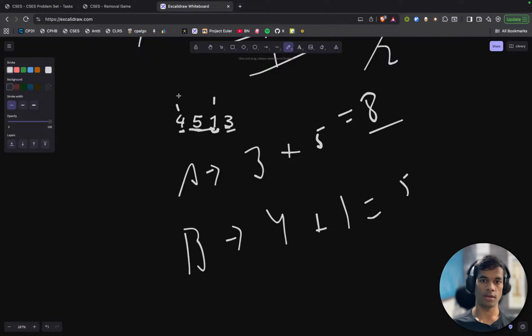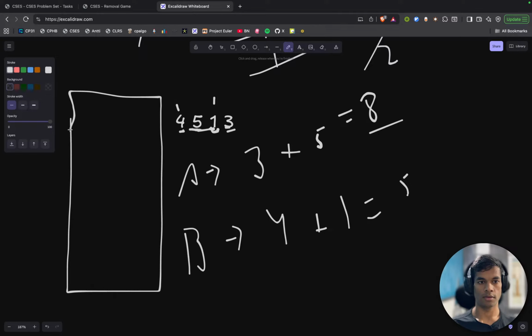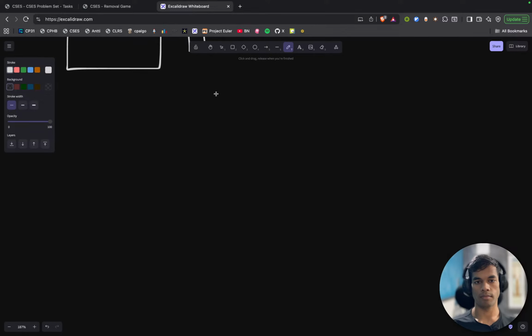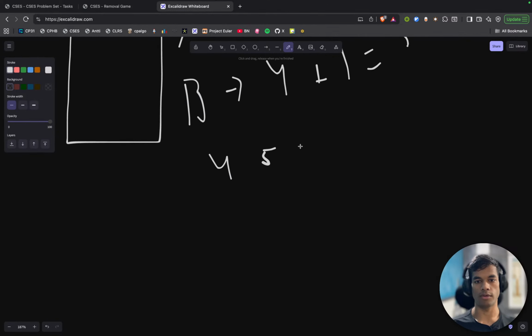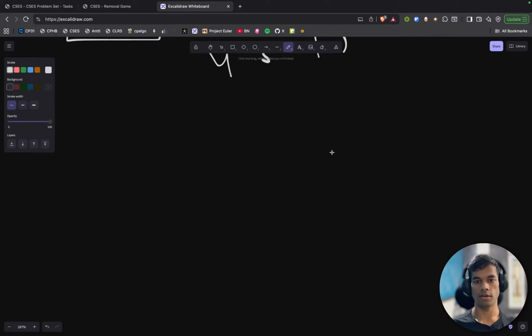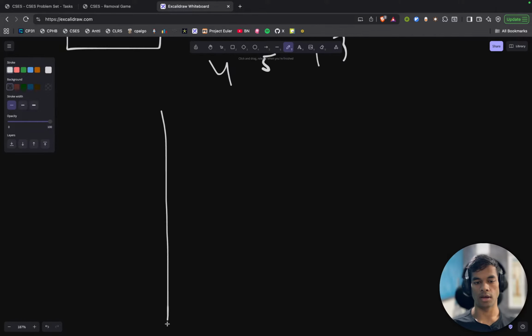And if we create our table like this, with numbers 4, 5, 1, 3. This is the thing. And now we create a table.